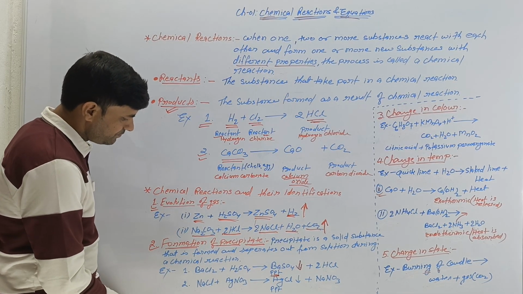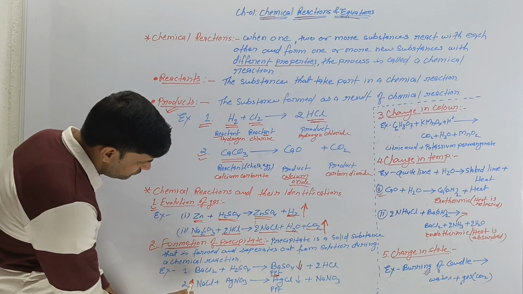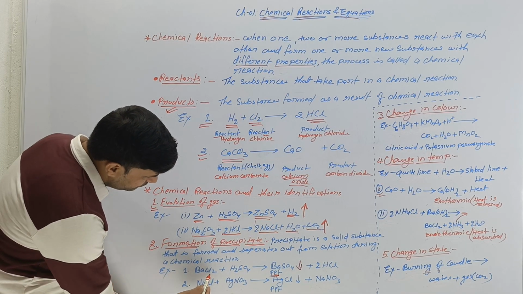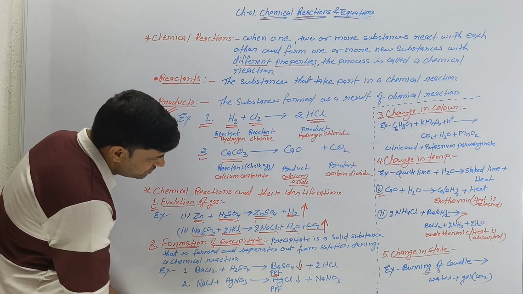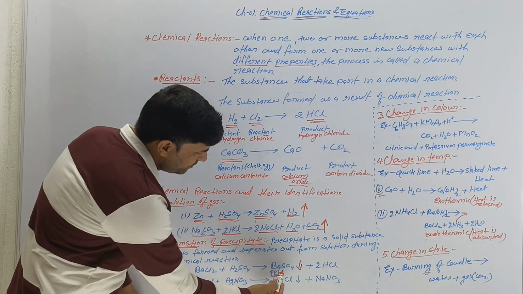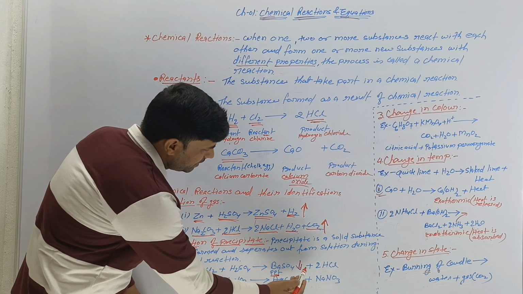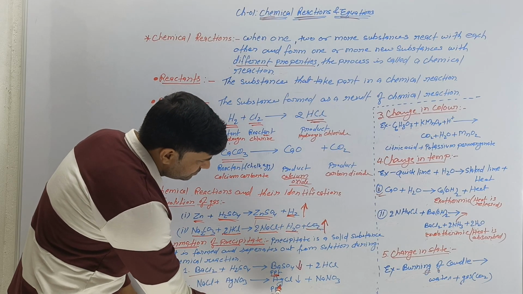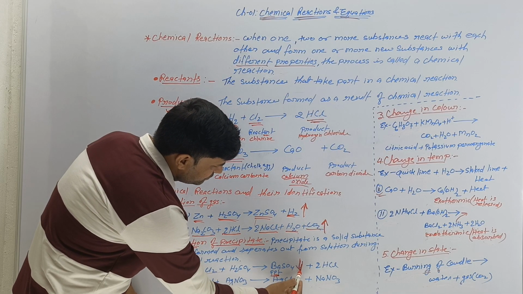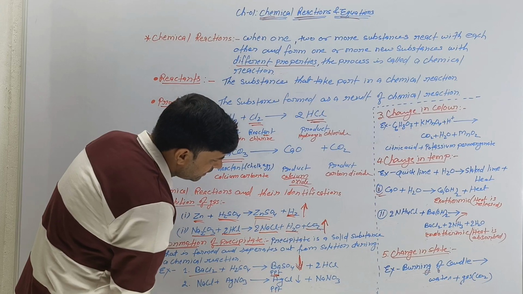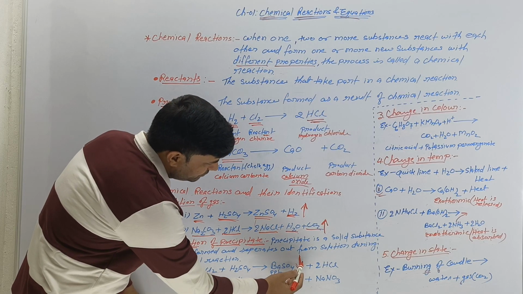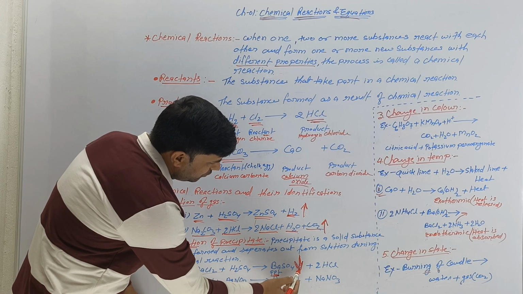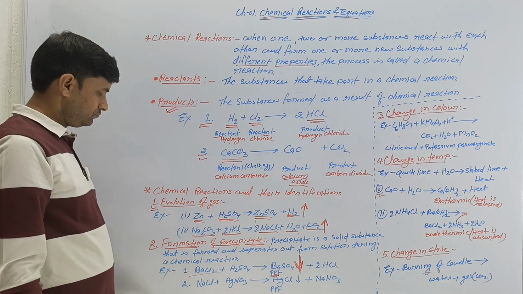Let us understand with suitable examples. When barium chloride reacts with sulfuric acid, it will form barium sulfate plus two HCl. In this reaction, barium sulfate is the precipitate and we can denote a precipitate with the help of a downward arrow.